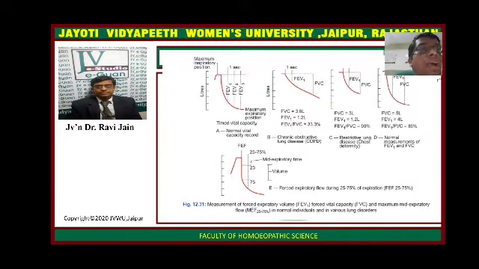Now this is the graph, how the values are shown in the graph of spirometry and how to assess. The first one, A, is the pattern of the normal vital capacity record, showing the forced expiratory volume in first, second and third second. The second one, B1, is the graph showing the FEV1 in case of chronic obstructive lung disease.